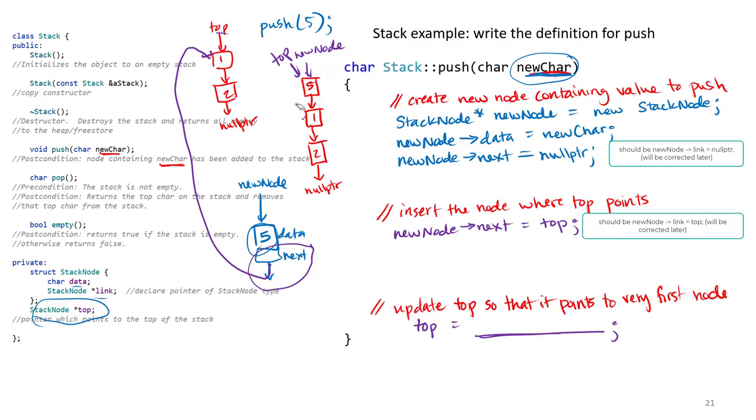Well, in this case, I need to make top point where my pointer new node points. That way, top is always pointing at the top of my stack. And then if I need to add any other stuff to that stack, it would be very easy to do so. So that's it. All we needed to do is insert our new node at the very front of our list and update our top pointer so that we continue to point at our first node.